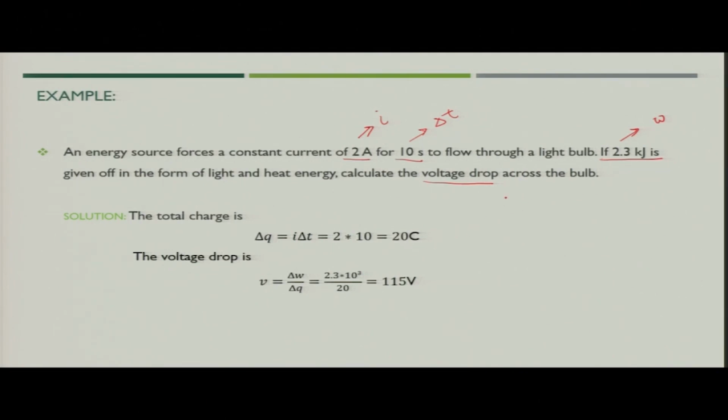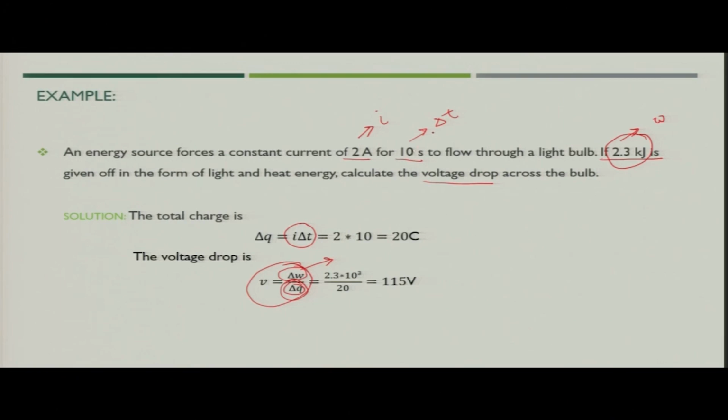First, you have to recollect the expression for voltage, that is the change of energy with respect to charge flowing through that particular element. Energy is given in this question, and you need to find the value of delta q. Delta q is the product of current and time.